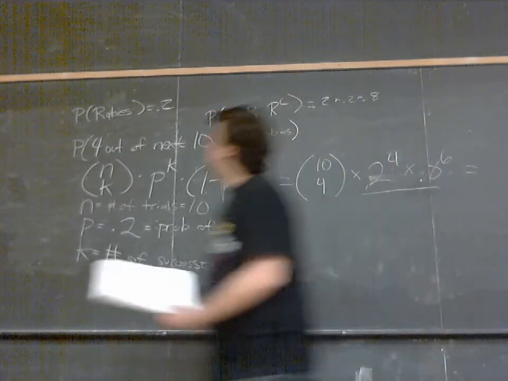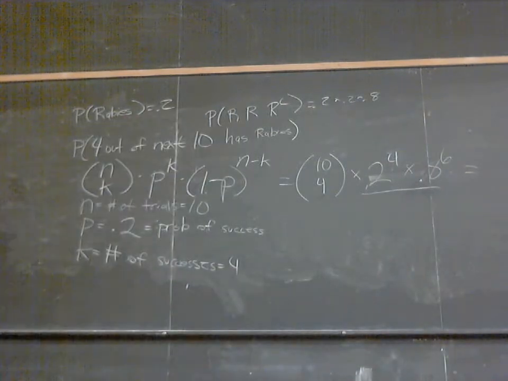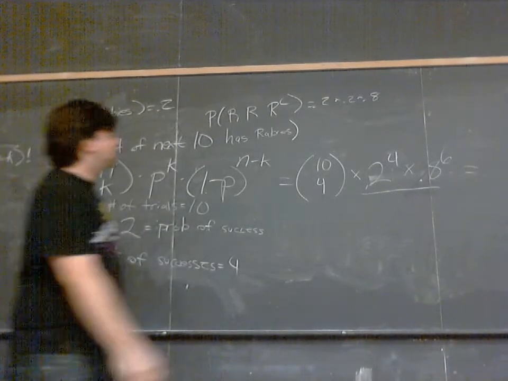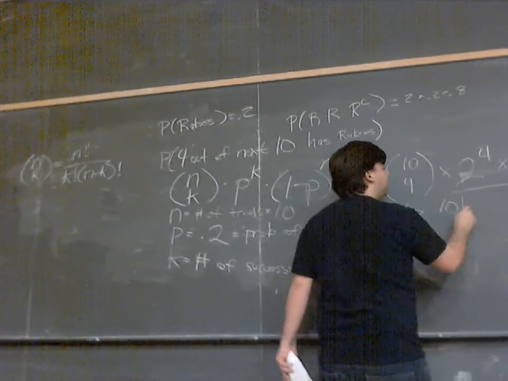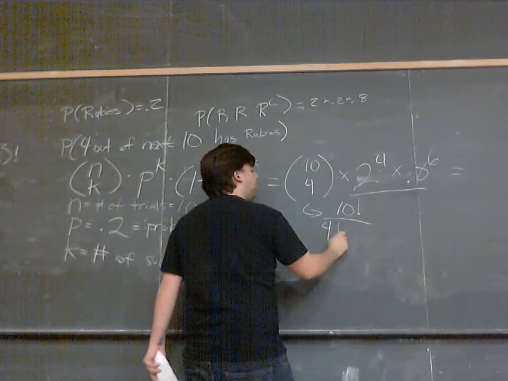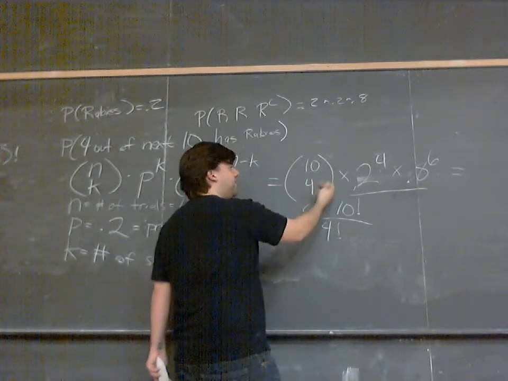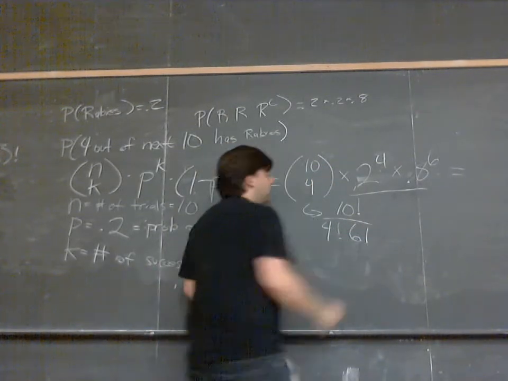Factorials. So remember that n choose k equals n factorial over k factorial times n minus k factorial, which looks nasty, but once you plug it in, it's not so bad. This would be 10 factorial over 4 factorial times n minus k, which is 10 minus 4, 6 factorial.